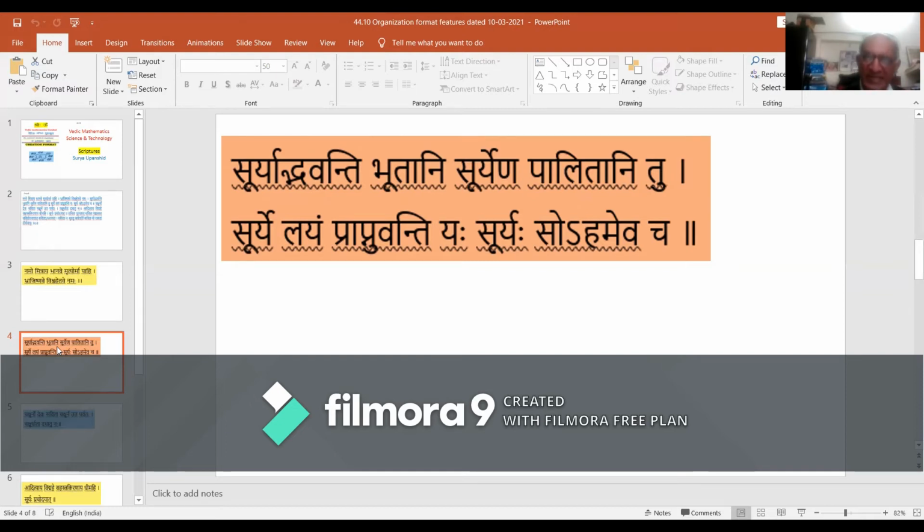The second sentence of this phase is Surya Layam Prapnavanti Ya Surya So Ahamevcha. It is because of this sun that there is going to be a dissolution of the creation.